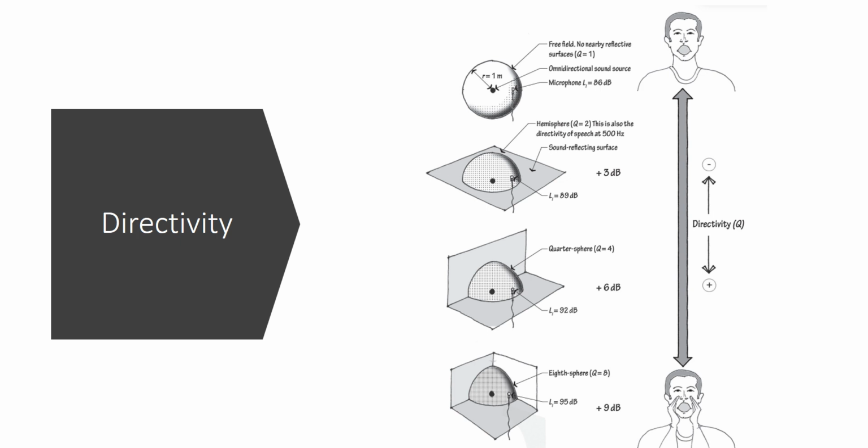And the next one is a general case. You are in an open ground, then you shout. It's similar to the second diagram, where you have a plane, and the Q value, the directivity, becomes 2, which means the sound gets reflected from the horizontal plane. Imagine the receiver is at some 3 meter distance.